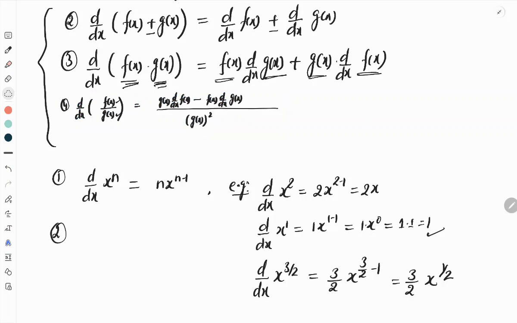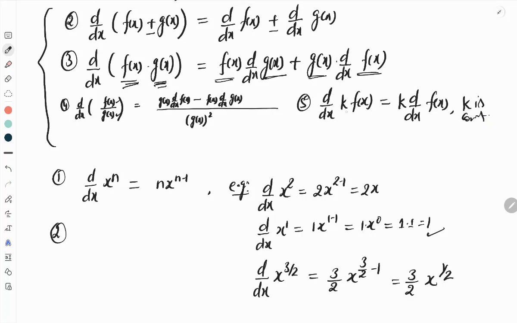Okay, one more rule is there. That fifth one: dy/dx of k times f(x) is equal to k outside times the derivative of f(x), where k is any constant.